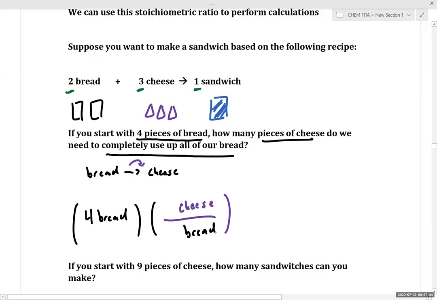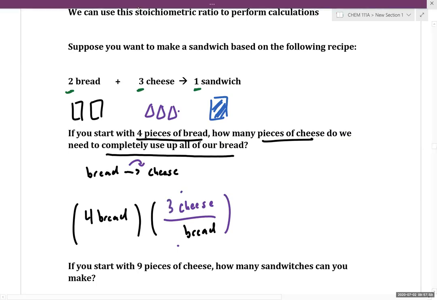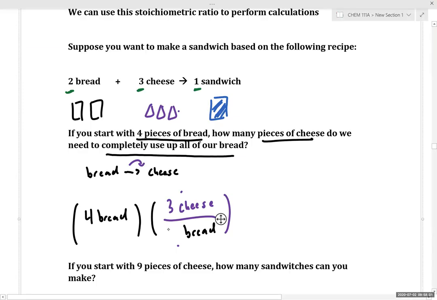Now, looking at our recipe, how many pieces of cheese do we need per how many pieces of bread? What's our cheese to bread ratio? What's our stoichiometric ratio? It's 3 to 2. We need 3 pieces of cheese per every 2 pieces of bread. Units of bread cancel, and we're left with 6 pieces of cheese.